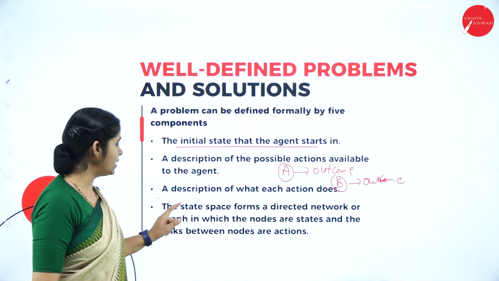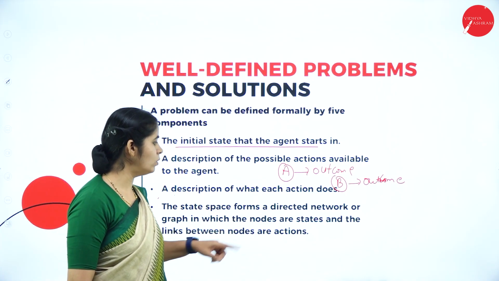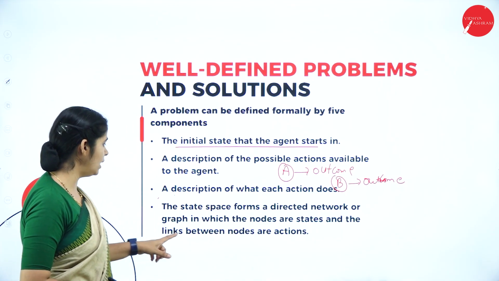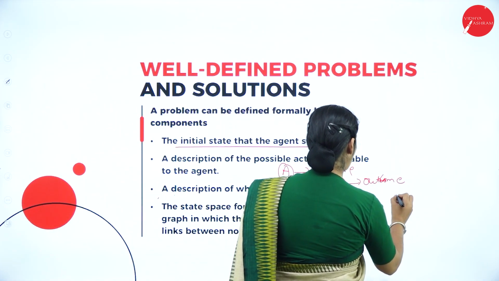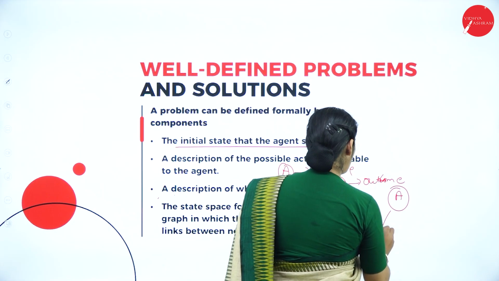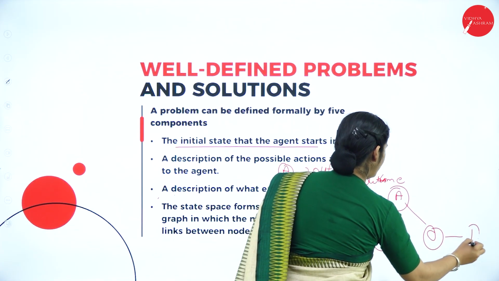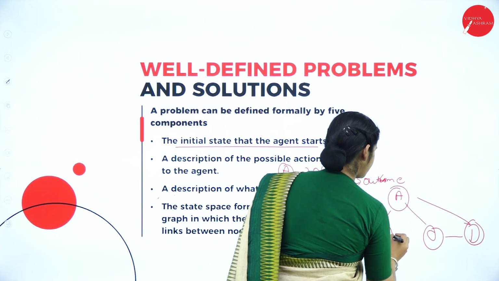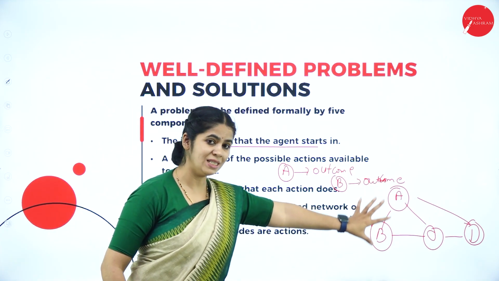Then the state space: a directed network or graph in which the nodes are states and the links between the nodes are actions. How are we representing that? We represent it in the form of a graph or a tree. So, we have to provide one state space.